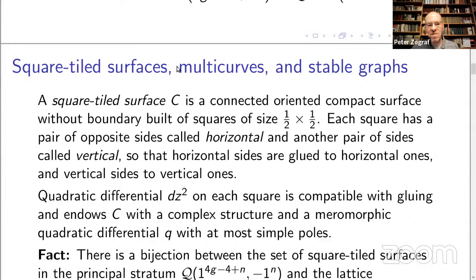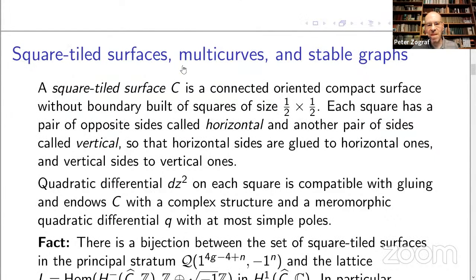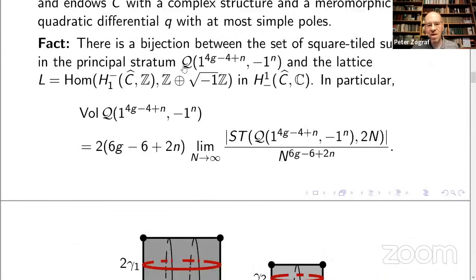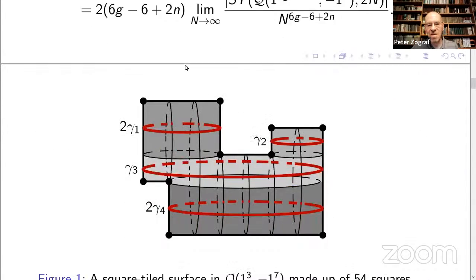A quadratic differential dz squared on each square is compatible with gluing, and endows C with a complex structure and the meromorphic quadratic differential Q with at most simple poles. That can be seen on the picture here.